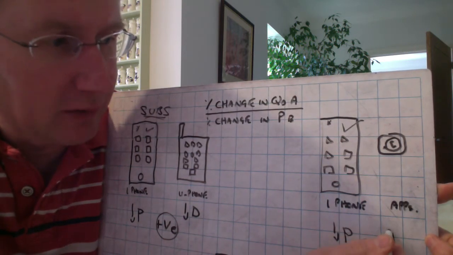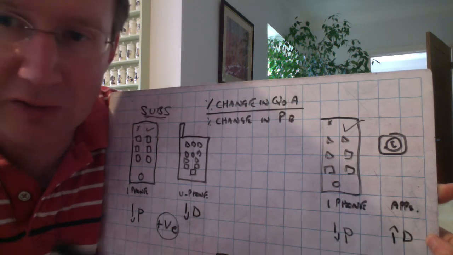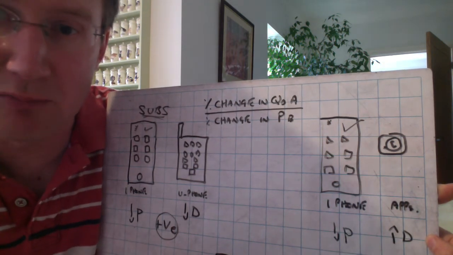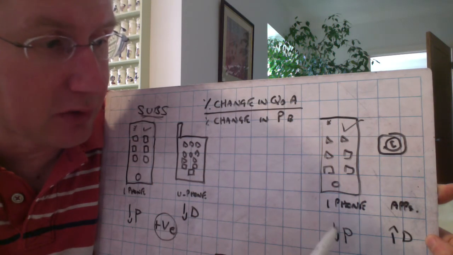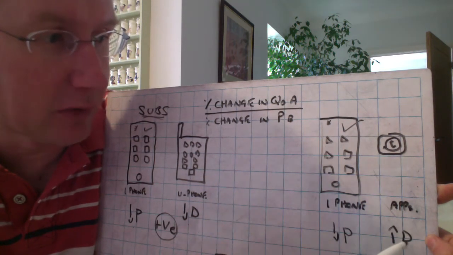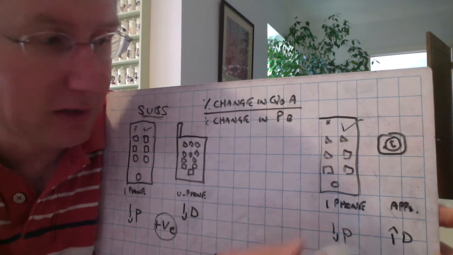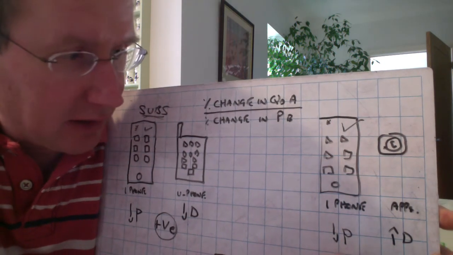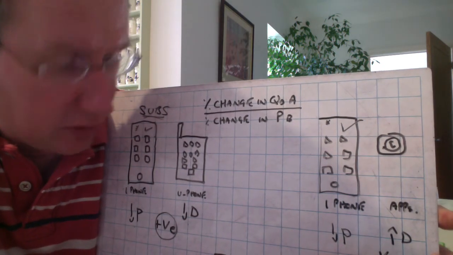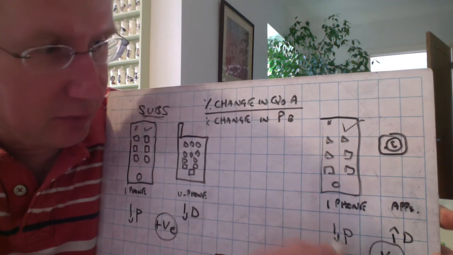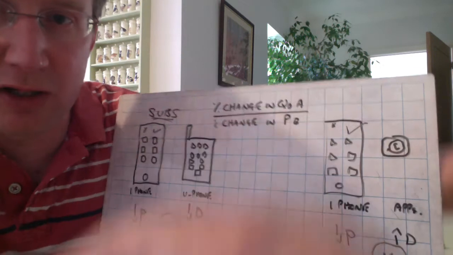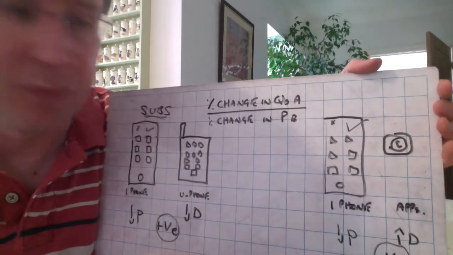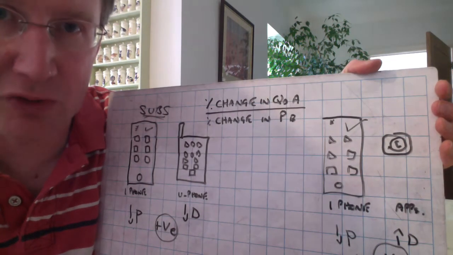Therefore, we'll see an increase in activity in the iTunes store. Because the price is lower, more people buy iPhones, therefore more people buy apps, and that is a negative relationship between the two. As the price of one goes down, the demand for the other goes up. They're going in opposite directions. Therefore, we have a negative cross-elasticity.